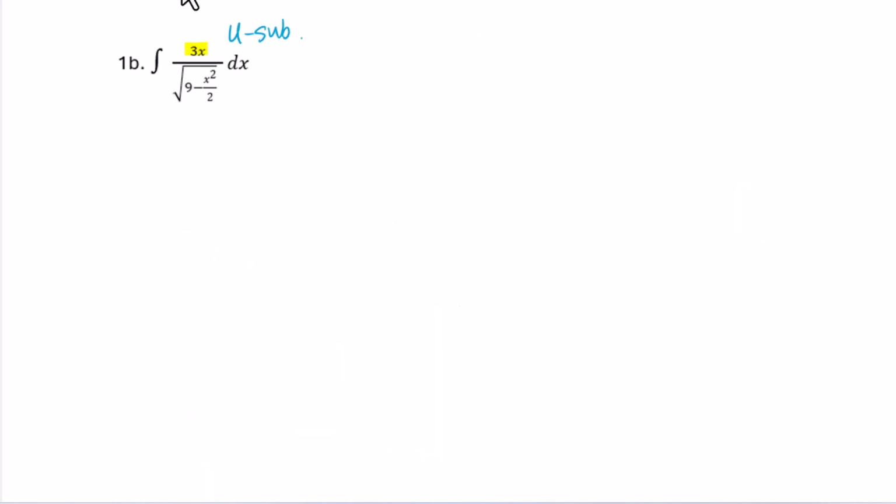Let's go to 1b. We will use the reverse chain rule for this integral. The derivative of (9 minus x squared)/2 is negative x, so we need to create negative x.